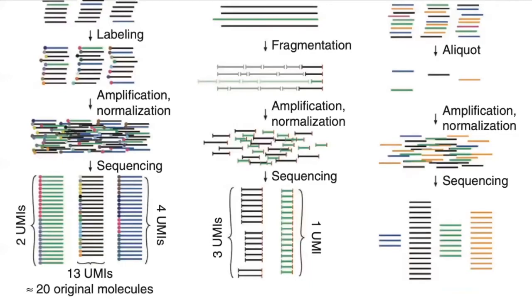So let me show you why this is important. Let's look at this figure here. Let's say the green line is one gene and the black line is a different gene. If you don't take the UMIs, which are the little colorful circles on the edge here, into account, you're just counting how many reads cover this gene.